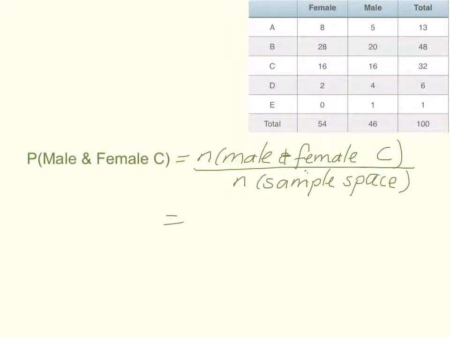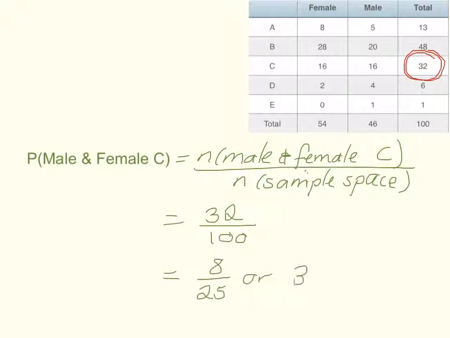So I'm going to write it as 32 over 100, because it's important to recognize that that information has already been provided for us. And it also saves us time. So 32 divided by 100 can be simplified to 8 over 25, or 32%.